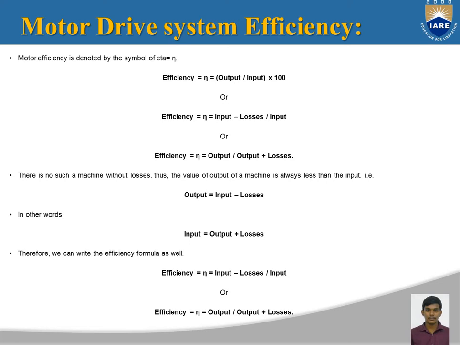The first one is the percentage, and the second and third formulas are used when we are given a few losses or the input. For example, in a rice mill, when we are given the whole grains, after removing the first layer, that first layer is a loss of the process.